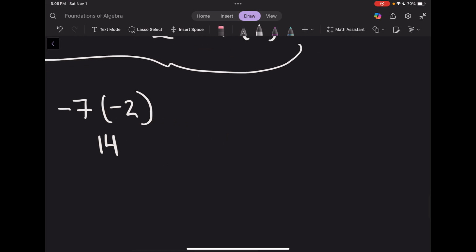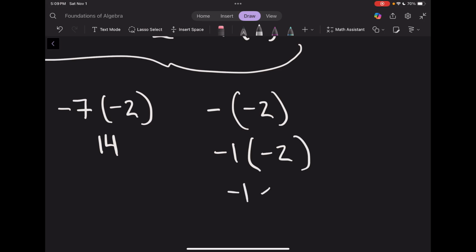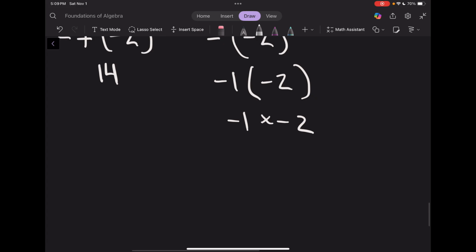I can also have something like this. What is going on here? There's no number here. But there actually is. There's a secret 1 there. So we actually have negative 1 times negative 2, which gives me a positive answer of 2.